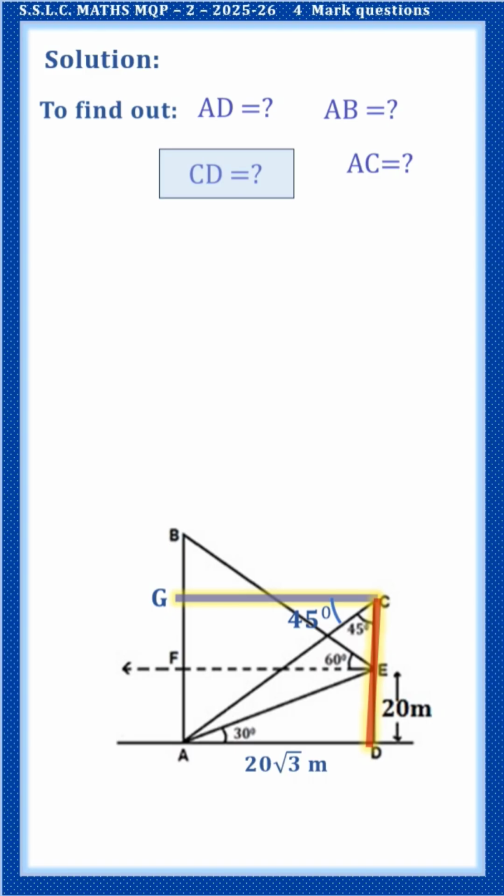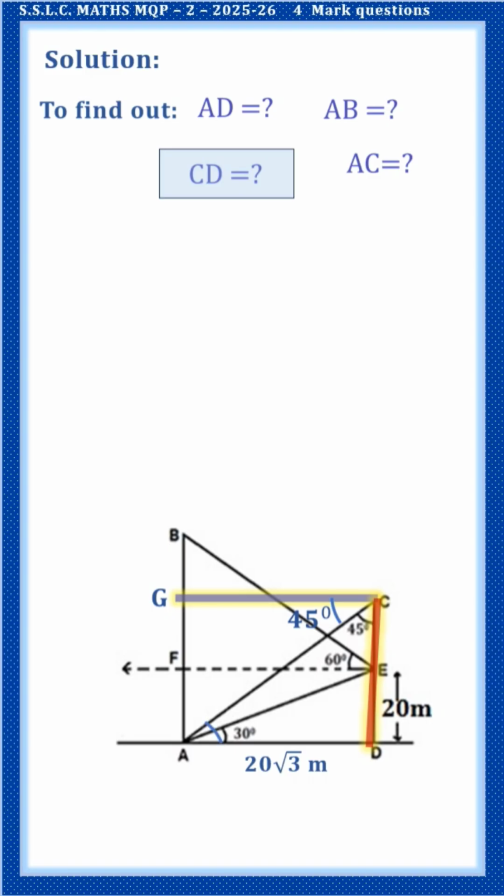Here one side is given, that is 20 root 3 meter. We have already found it out. We have to find what? CD, the opposite side. Here angle CAD is 45 degree.